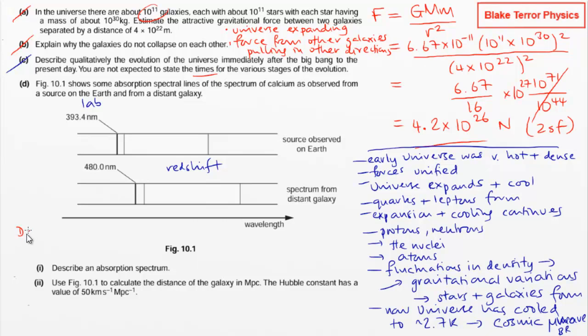So an absorption spectrum, they are dark lines superimposed on a background continuous spectrum. Superimposed on or against a background continuum spectrum.